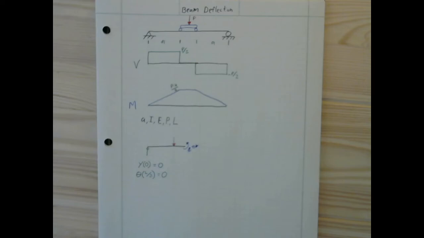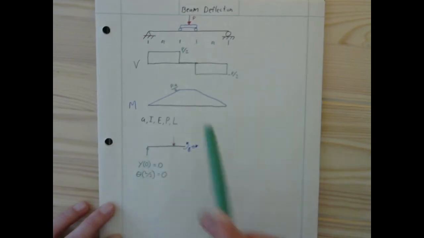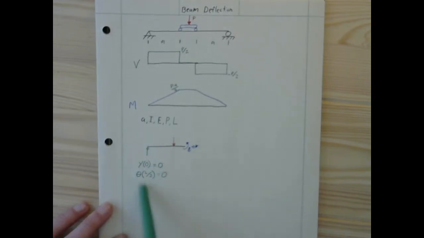And then by symmetry, you can say that the deflection at L over 2 is equal to the deflection of L over 2 if you really want to do that for the rest of it, but you don't actually need that to solve the problem, because you'll have a constant of integration resulting from integrating the moment equation to get to the rotation, and you won't be able to solve that right away because you don't know the rotation at any given point.